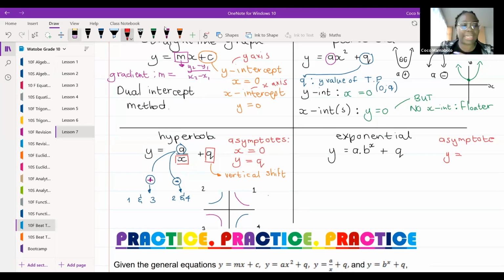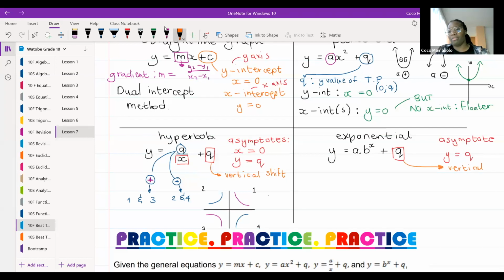It's exactly the same as the one for the hyperbola. Y is equal to what? Yes, Mawande. Good. Y should be equal to q. That's it, Kahelelo. Good. Y is equal to q. So this thing again, y is equal to q. It just means that again, this is a vertical shift of my graph.